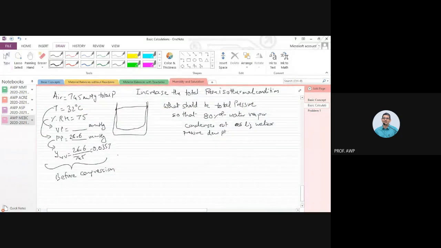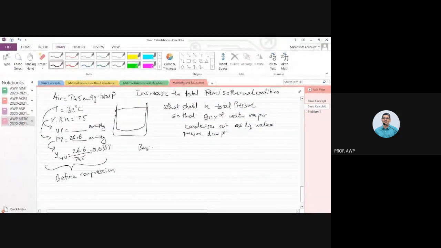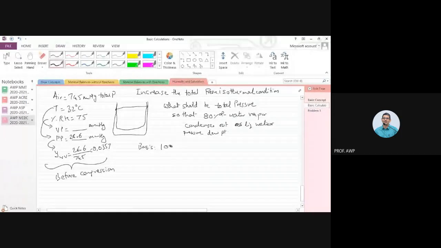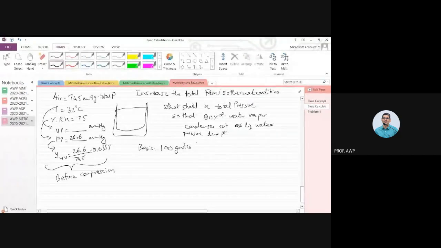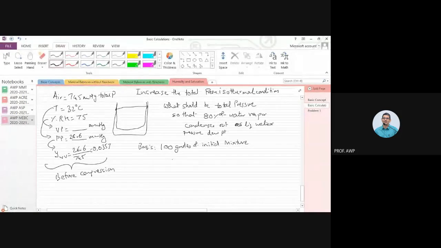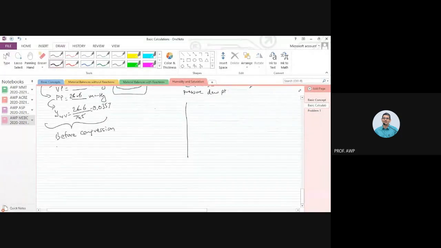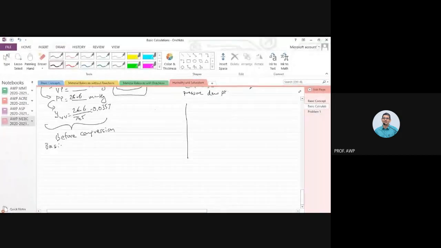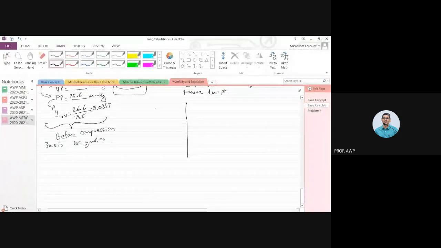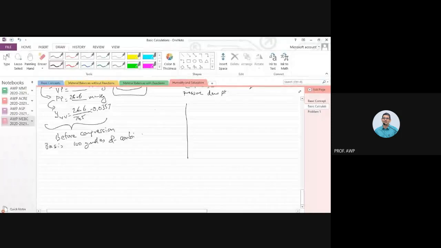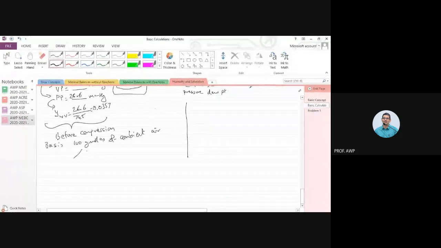let's say 100 gram moles of initial mixture. So let me write this basis here: basis is 100 gram moles of ambient air.